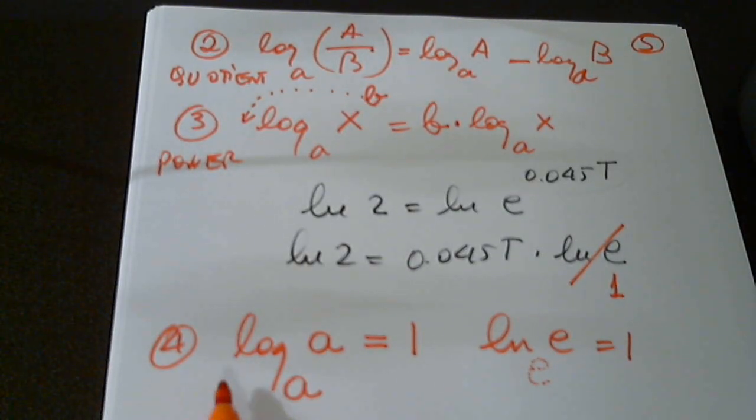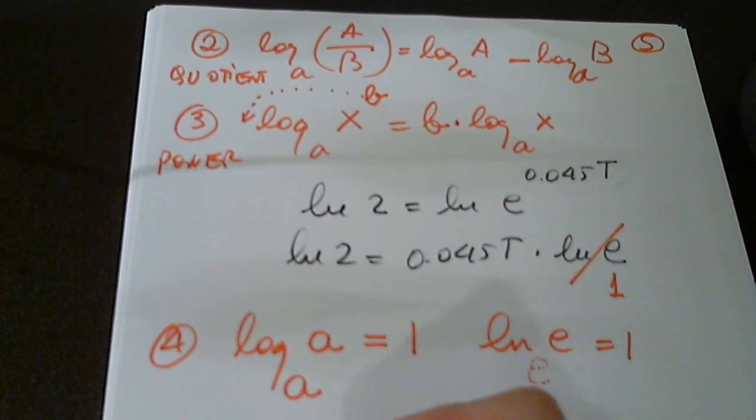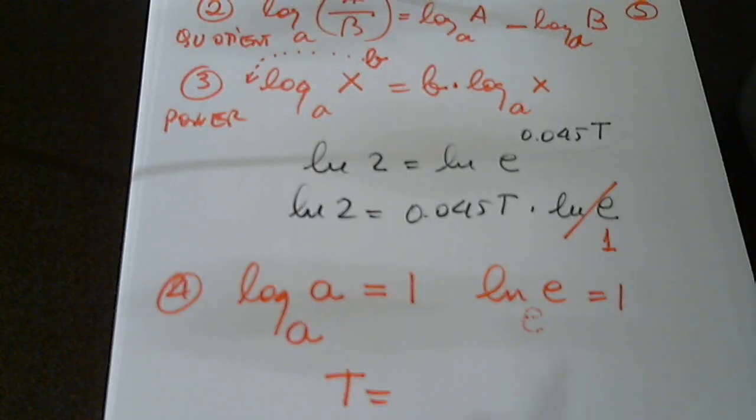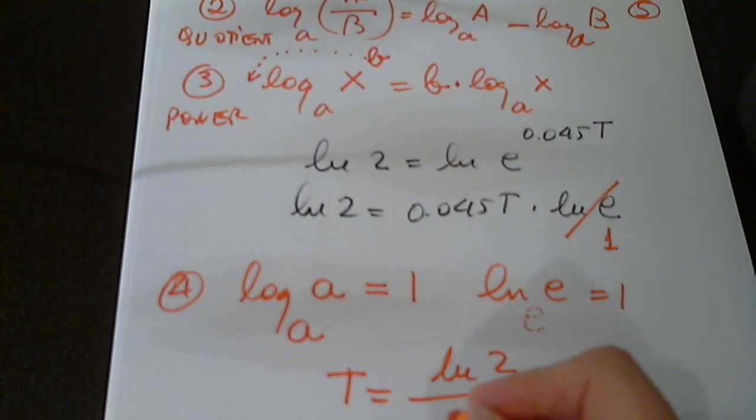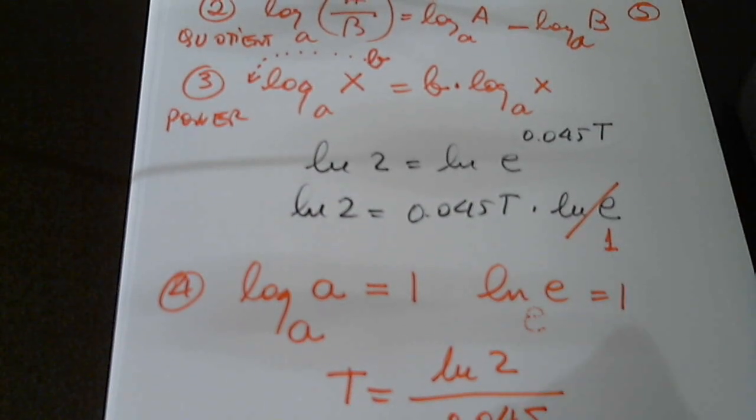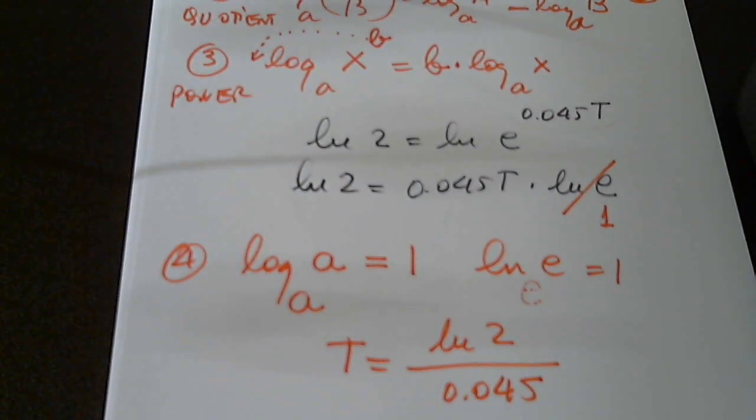So that's another property of logs. Log base 10 of 10 is 1. Log base 5 of 5 is 1. Log base 1/2 of 1/2 is 1. And so on and so forth. So now I'm finally in the position of determining t. This over this. So natural log 2 over 0.045. And now we'll approximate the number of years with a calculator, of course. So let's do that.